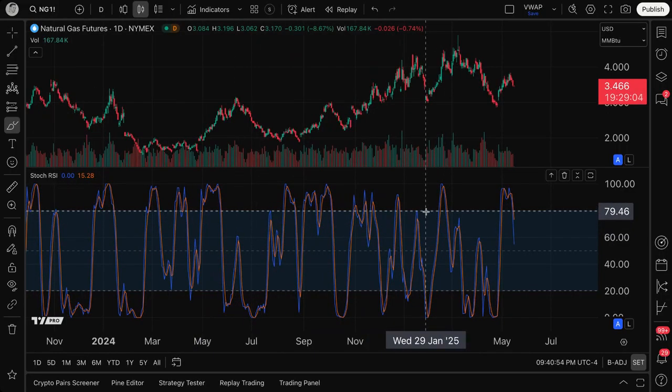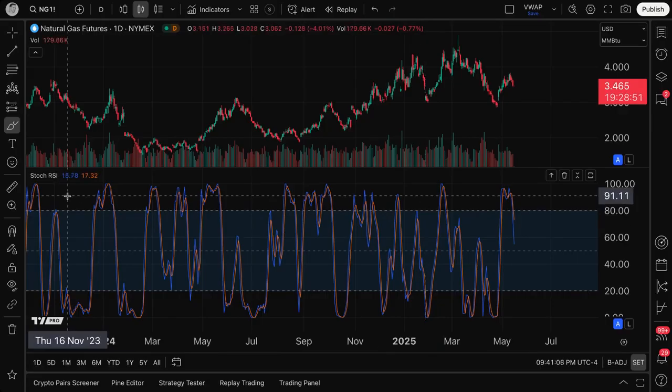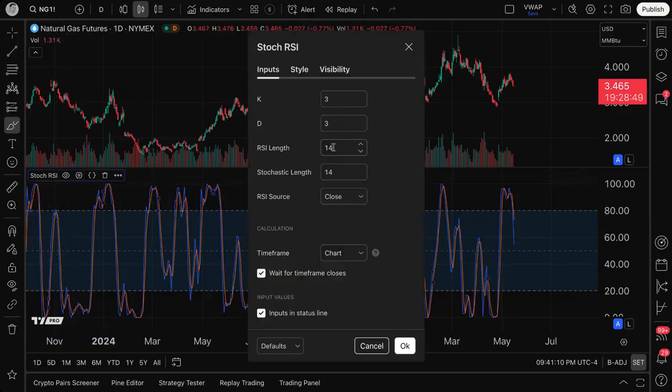You've got these bands very similar to RSI to show you whether RSI is reaching highs or reaching lows relative to the time period that you have selected in the stochastic RSI settings.